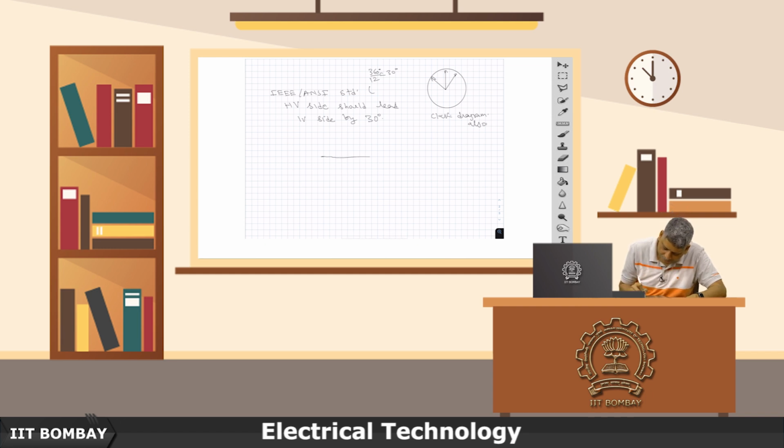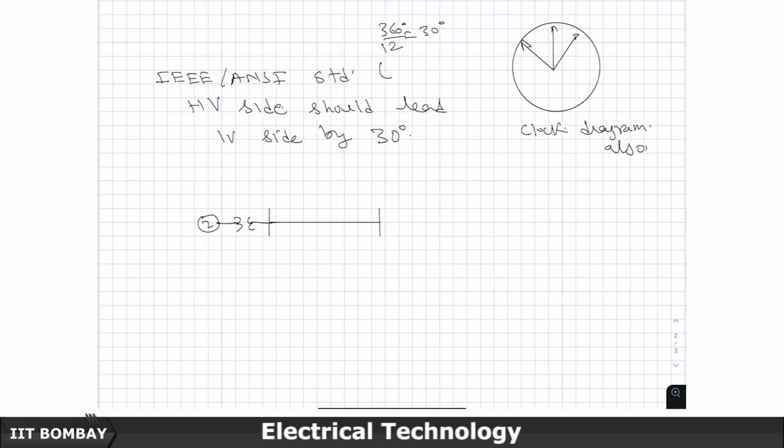Let me create a very simple transmission system with two generators. This is called a single line diagram of a 2-bus power system.